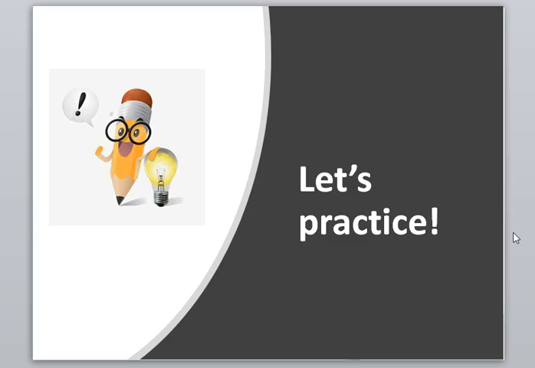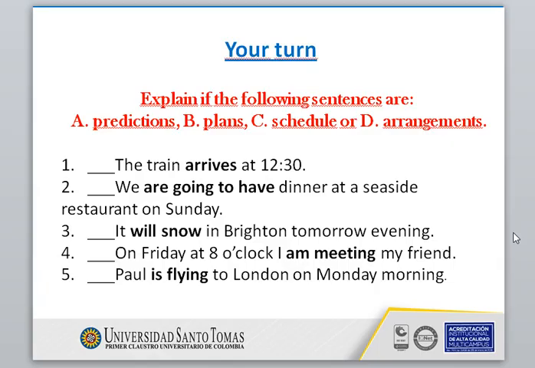Okay. Now let's practice. We have been talking about predictions, plans, schedules, arrangements, right? So what I want you to do is think about these 5 sentences here, and tell me what you think is the intention or the use of that future tense. For example, the train arrives at 12:30.